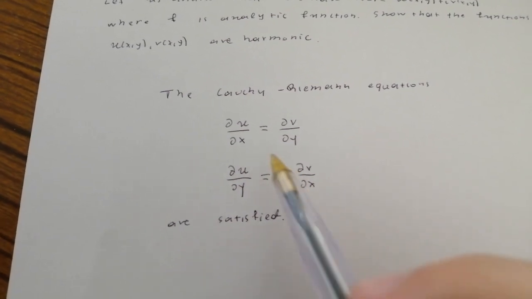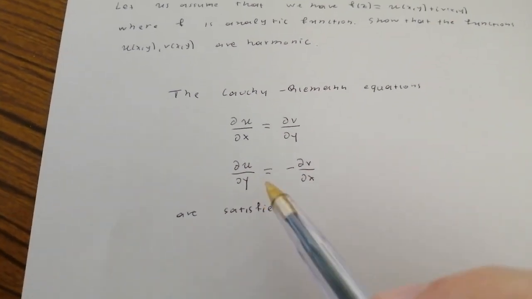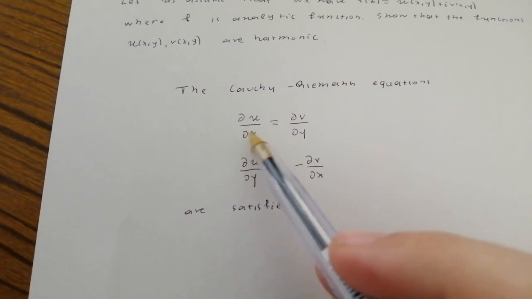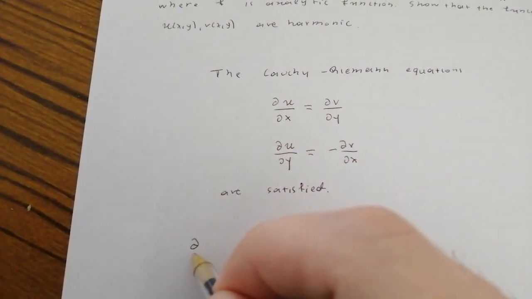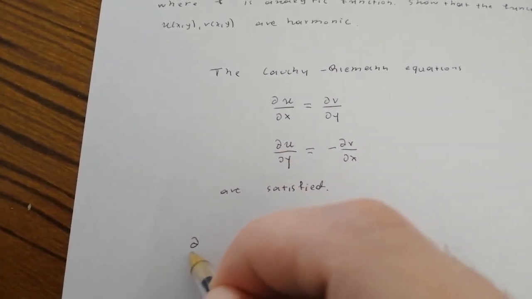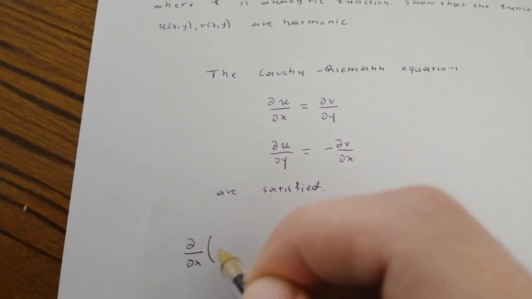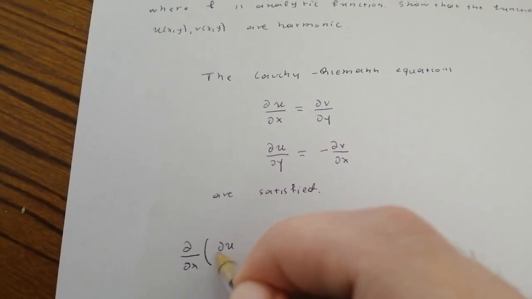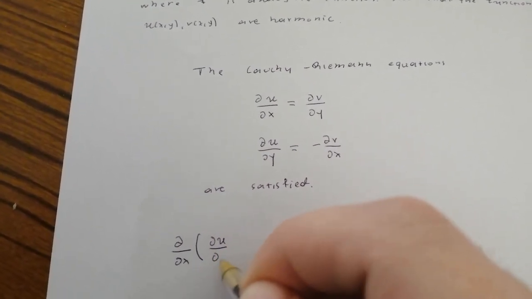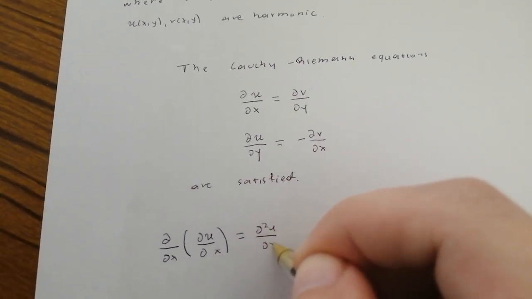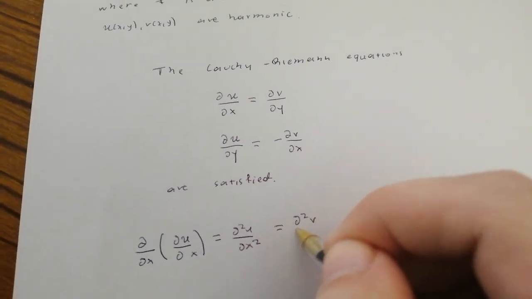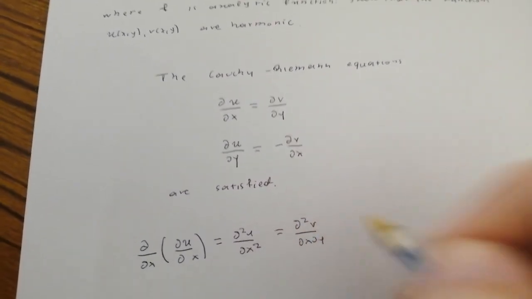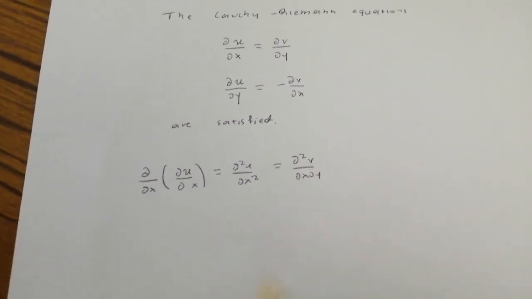We want to show that u and v are harmonic functions, so what do we have to do? Let's go to the first relation and take the partial derivative with respect to x. So we will have the partial derivative of this derivative, which is the second derivative of u with respect to x, and this is the mixed derivative of this form, equal to the mixed derivative of this form.